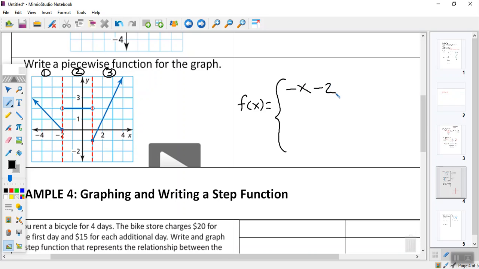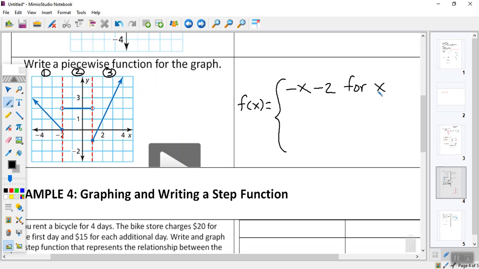Now, this is for what values of x? Give me a show of hands when you think you know this. Logan, what do you think? Less than or equal to 0. Careful. Where does this stop? -2.